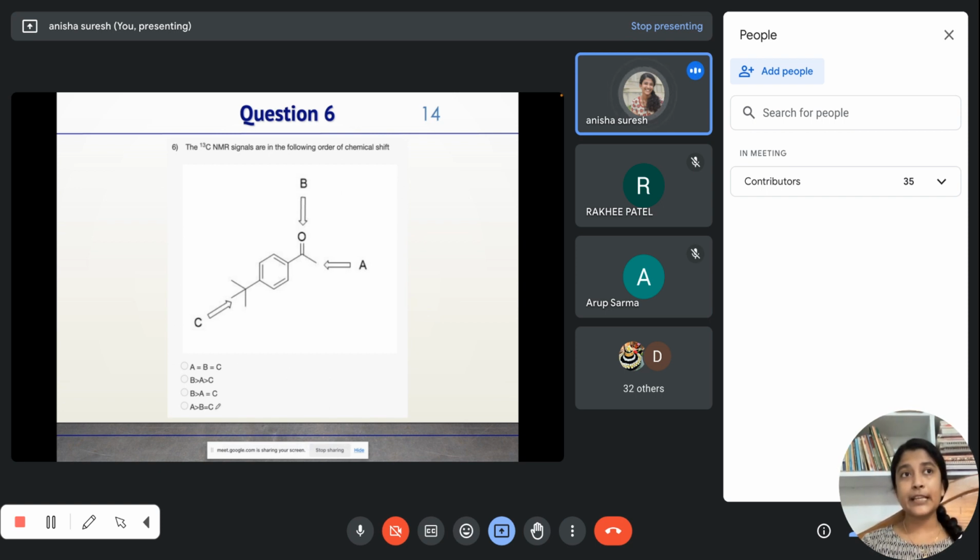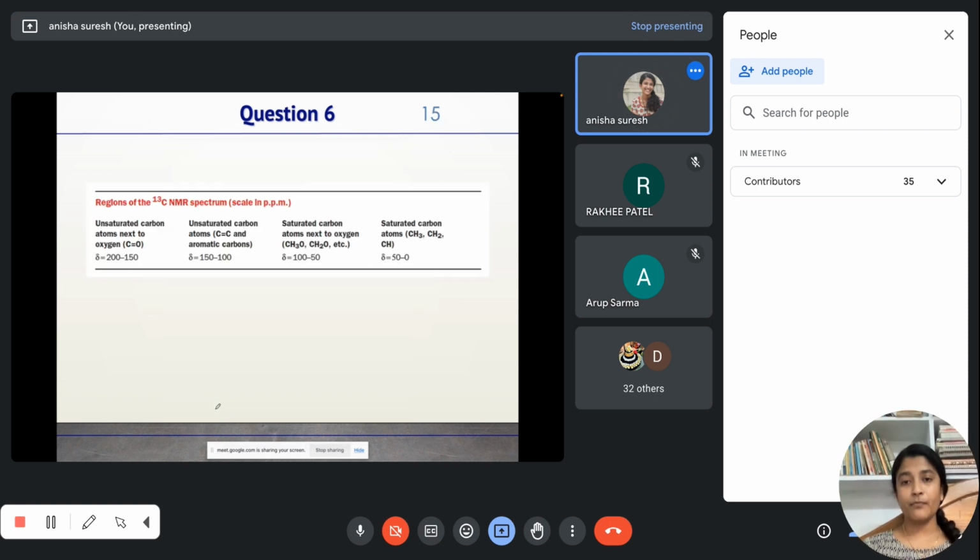So we have seen the region of chemical shifts in 13C NMR while we were discussing the summary of this week. So according to that, what will be the order? I can show you the regions of the 13C NMR spectrum in the scale of ppm. Saturated carbon atoms like CH3, CH2, CH, etc. will be coming in the delta region of 50 to 0 ppm.